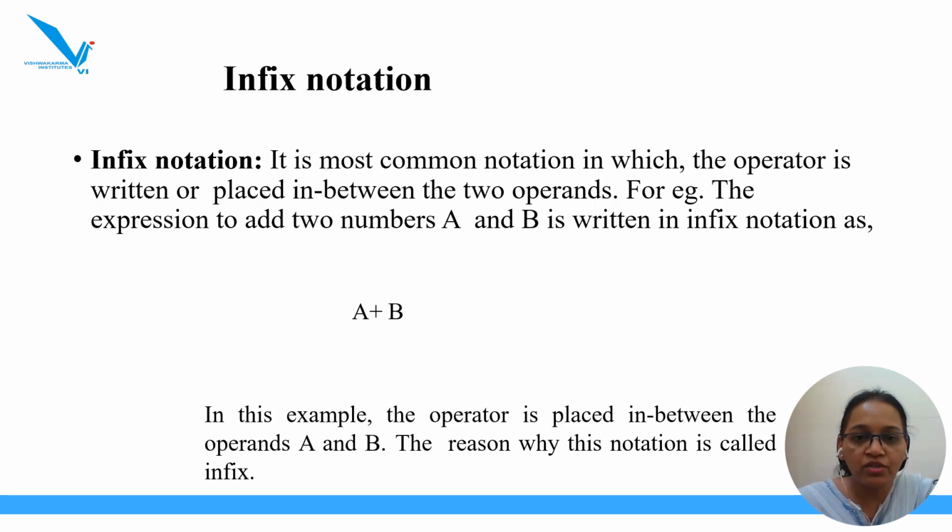Infix notation is the most common notation in which the operator is placed in between the two operands. For example, the expression to add two numbers, say A and B, is written in infix notation as A plus B. In this example, the operator is placed in between the operands A and B. That is why this notation is called infix.